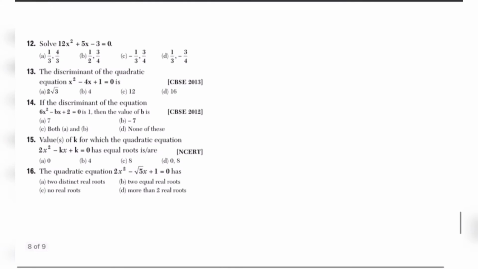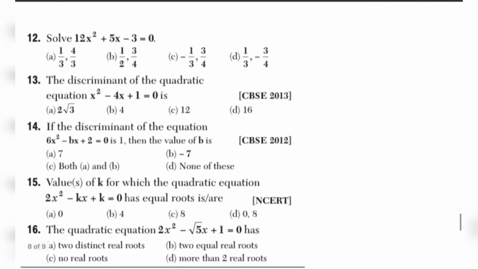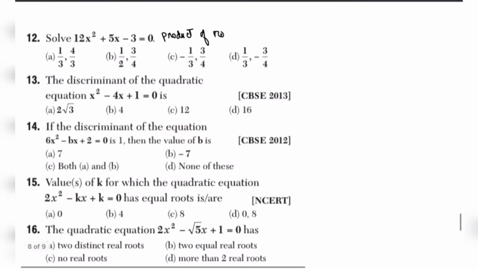Okay. Let's see number 12. Solve this. Again, we'll use the sum and product of roots trick. First, product of roots. This is equal to minus 3 by 12, which in turn is equal to minus 1 by 4.